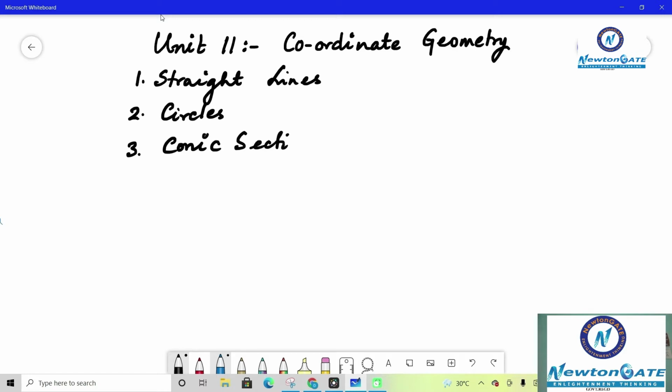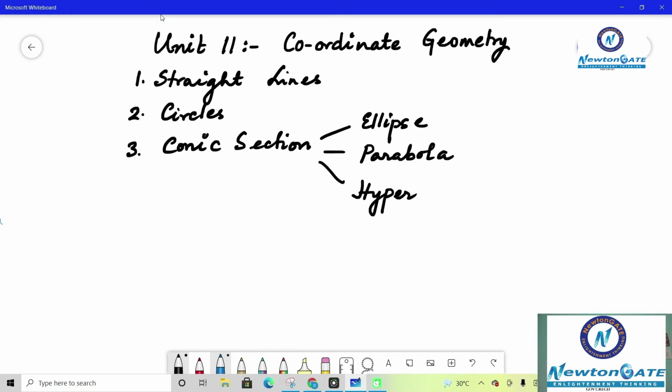Conic sections are further subdivided into ellipse, parabola, and hyperbola. In today's video, we will be covering the straight lines, or in our topic, pair of straight lines.